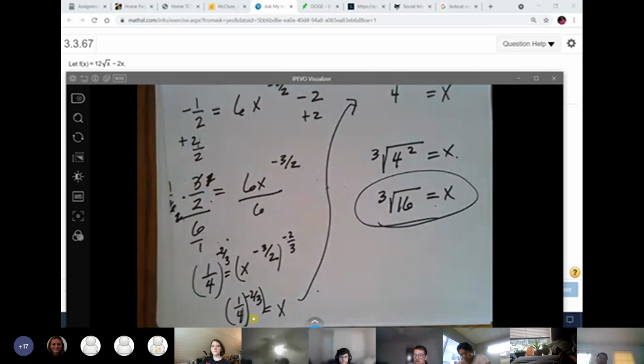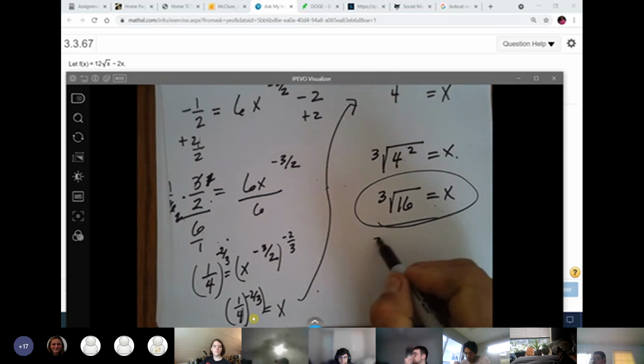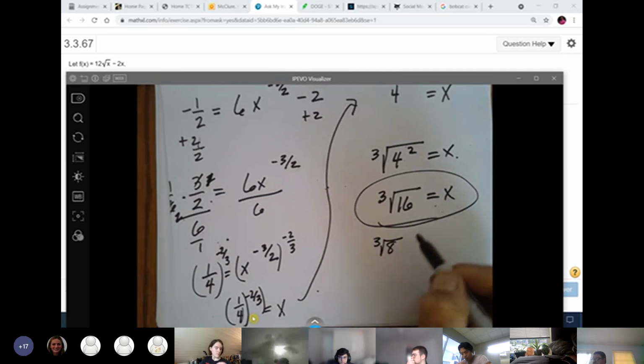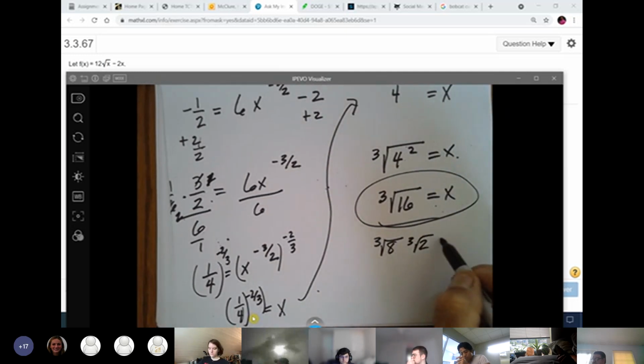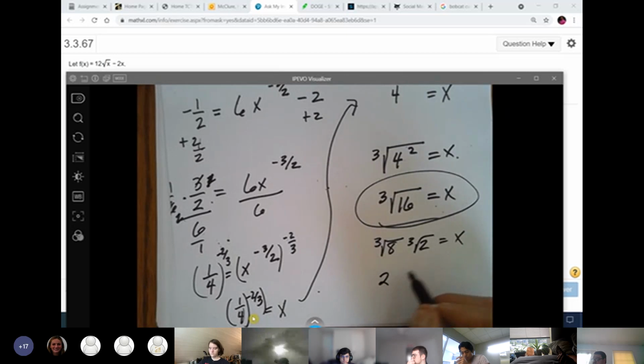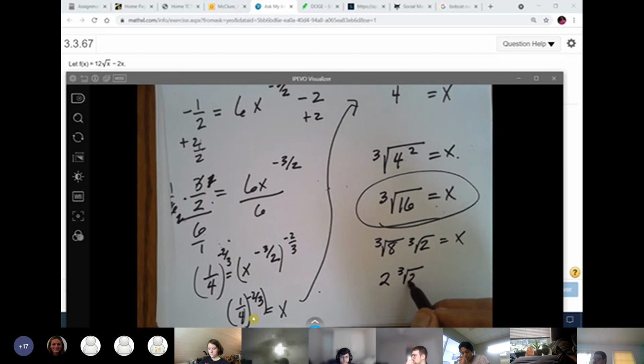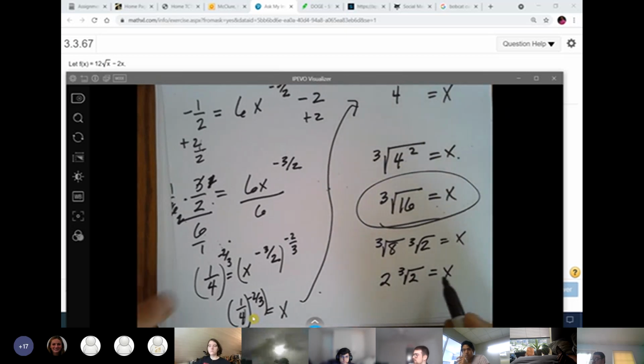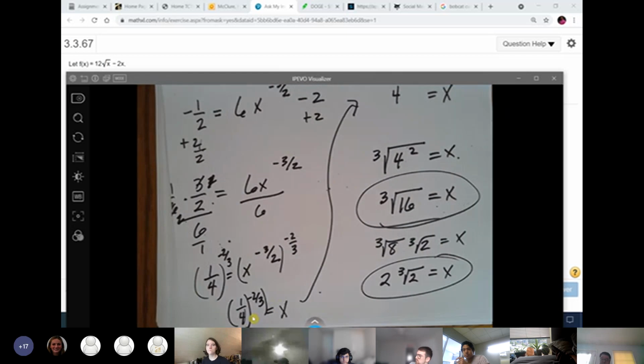That's what I get. So that doesn't look very good. 2 times 8, the 3rd root of 8, times the 3rd root of 2, which is 2 times the cube root of 2. Not a very nice problem.